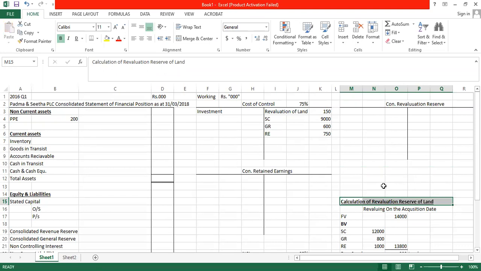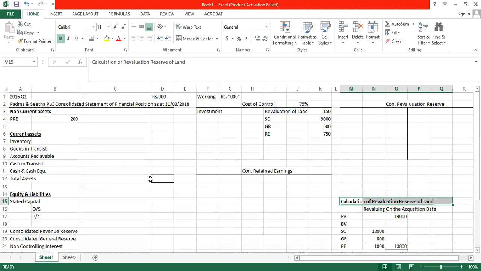It's actually the information about inter-group transactions. Within the group, Padma and Sita are selling goods. This kind of adjustment we actually did in branch accounts also, from head office to branch, where they are selling.